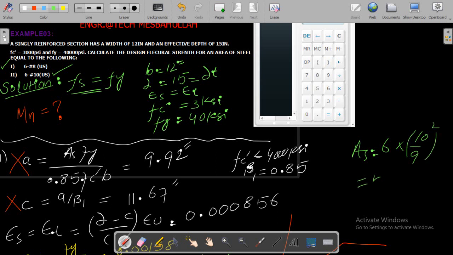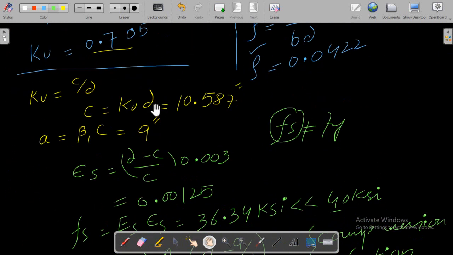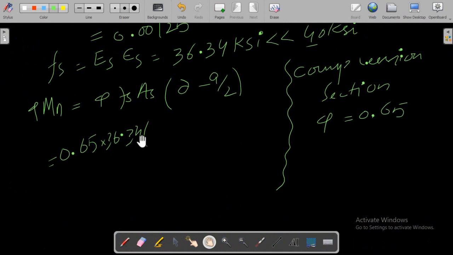From this you get the value of As, which is 7.59 square inches, right? So 7.59 square inches. So here we have the value of As.